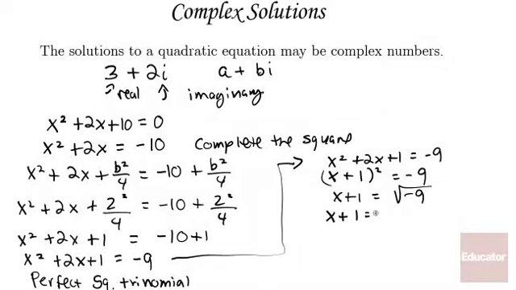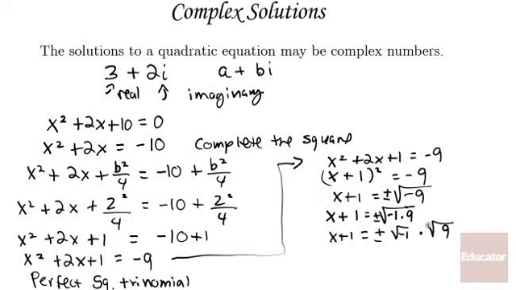Let's look at how we can handle this. We know that this equals the square root of negative 1 times 9. And remember, the positive and negative results for this. So you need to take both, plus or minus the square root of negative 9. Using the product property, this is going to equal this.